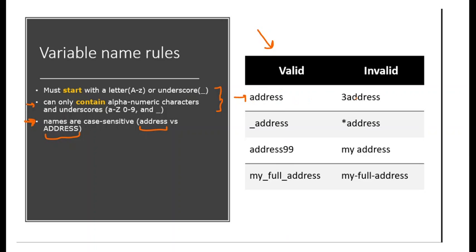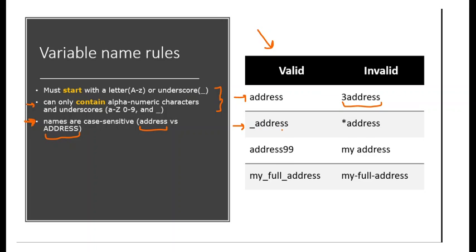On the other hand, the other variable, 3address, has violated the first rule. Why? Because it started with the number 3. It can contain the number 3, but it can't start with the number 3. See the difference here? All right, second example. Underscore address.